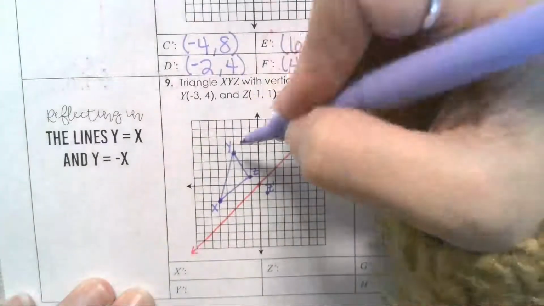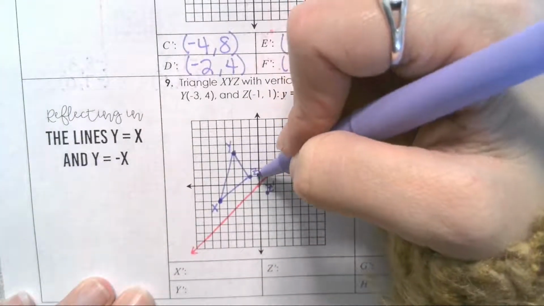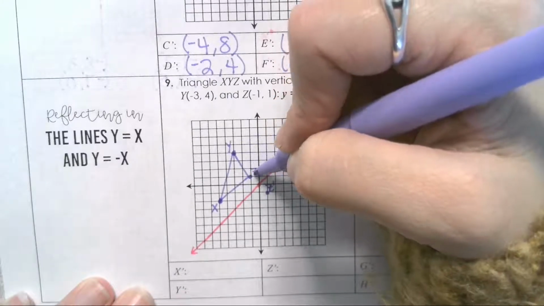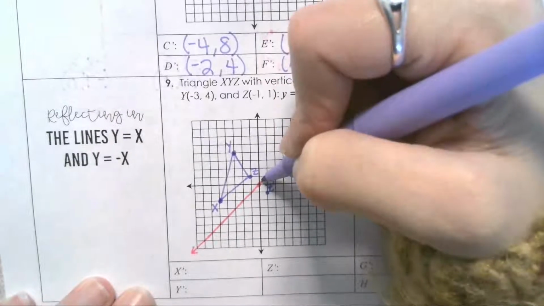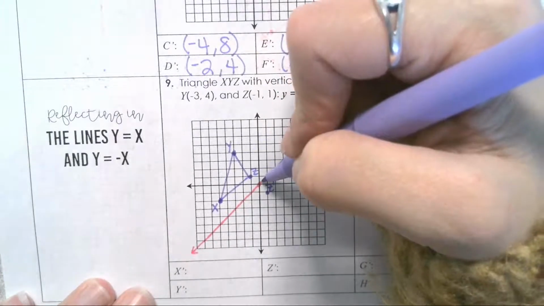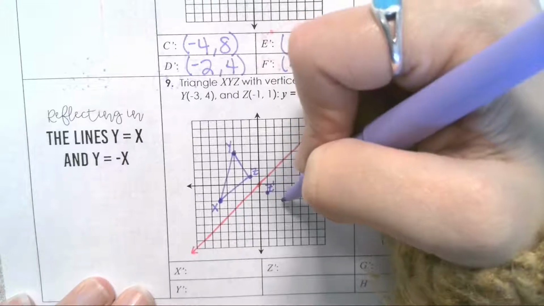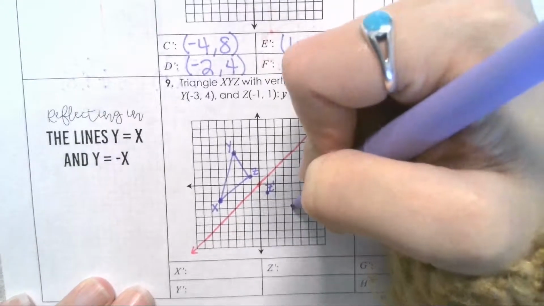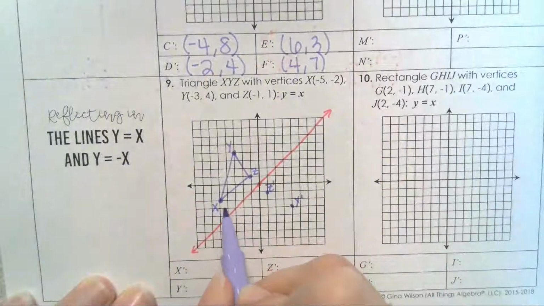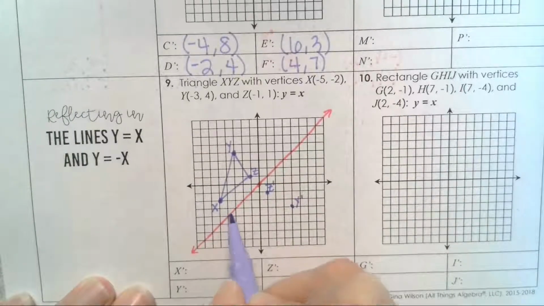We are always counting the diagonal boxes, so Y is going to be 1, 2, 3 and a half. So 3 and a half diagonal boxes. So then I've got the half here, and then 1, 2, 3 to get to Y prime. And then X is going to be 1 diagonal and a half. So then half and another 1.